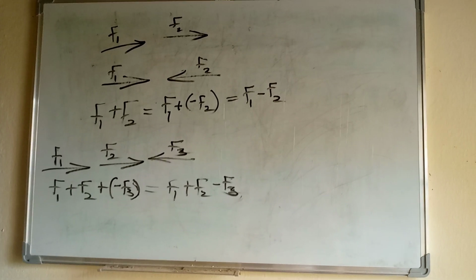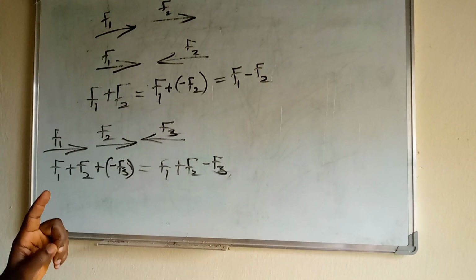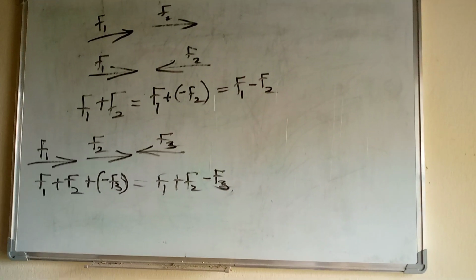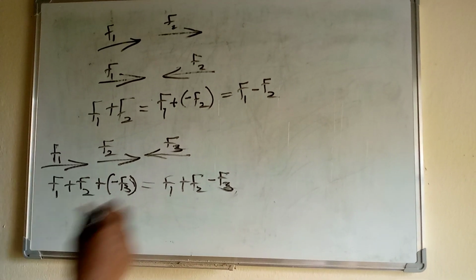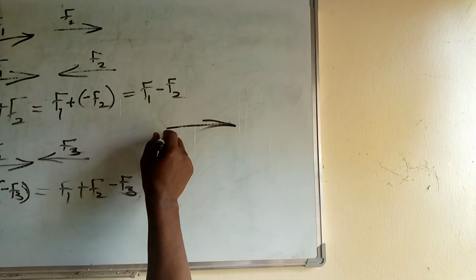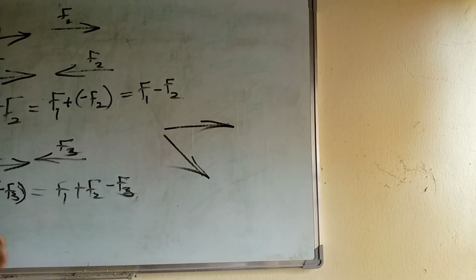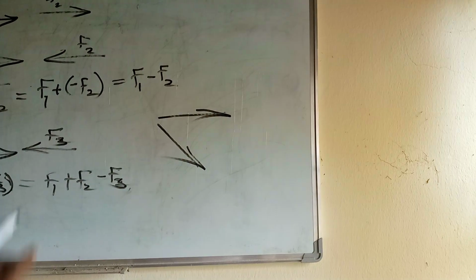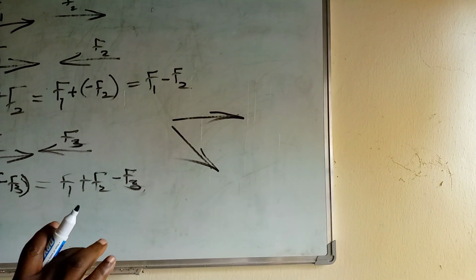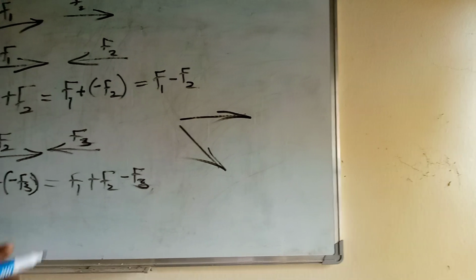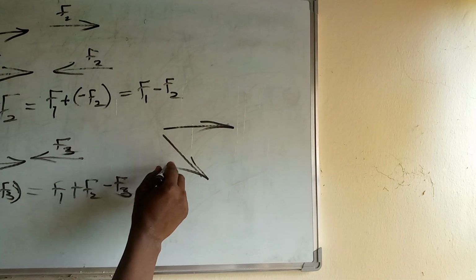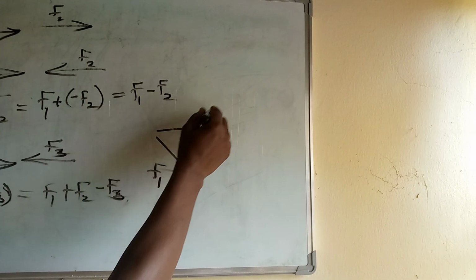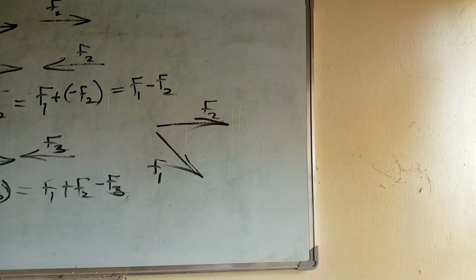Now, when forces are not in the same straight line, like forces at different directions, at inclination, that is not in a straight line, we think of how to sum these forces, F1 and F2.